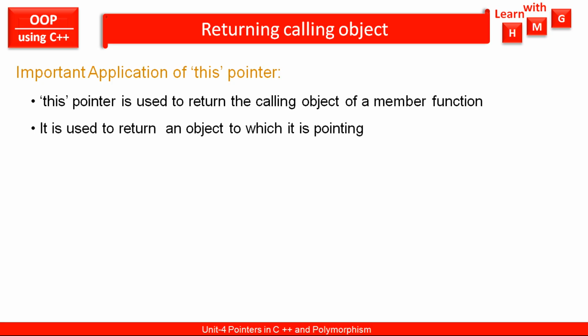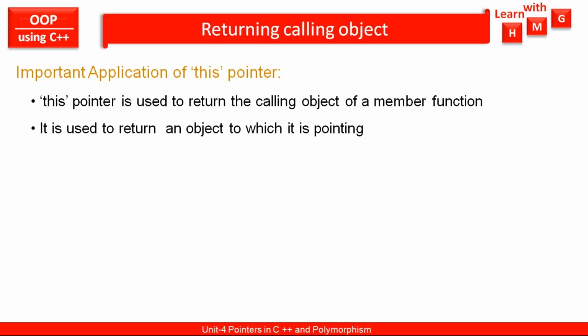In the beginning, in the introduction of this pointer, we have seen that this pointer is always pointing to the calling object. So this member function will return an object, that is this pointer which is pointing to the calling object.